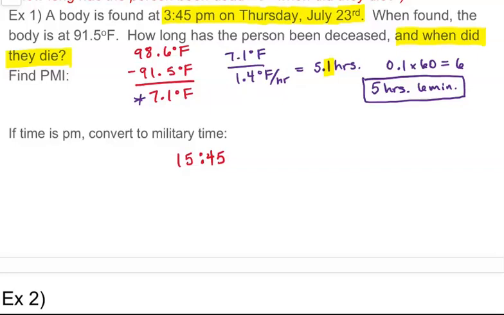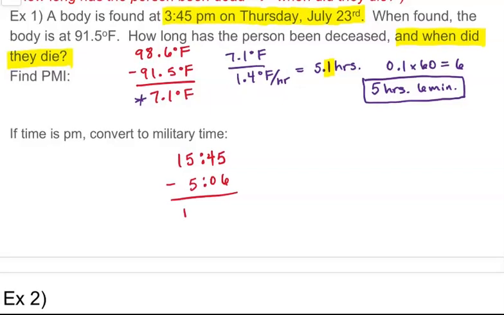The person died 5 hours and 6 minutes before that. And however you want to do this, if you want to do this like a math problem, like I have it set up there, you can, or you can do it in your head, whatever works for you. Whatever gets you there is fine. But it looks like this person died at 10:39.